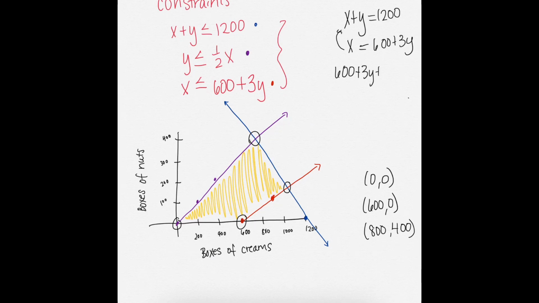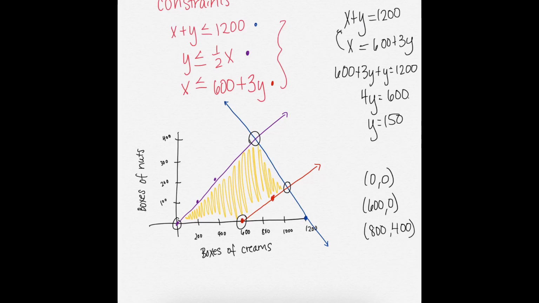That'll give me 600 plus 3y plus y equals 1200. So this gives me 4y equals 600, which means y is equal to 150.